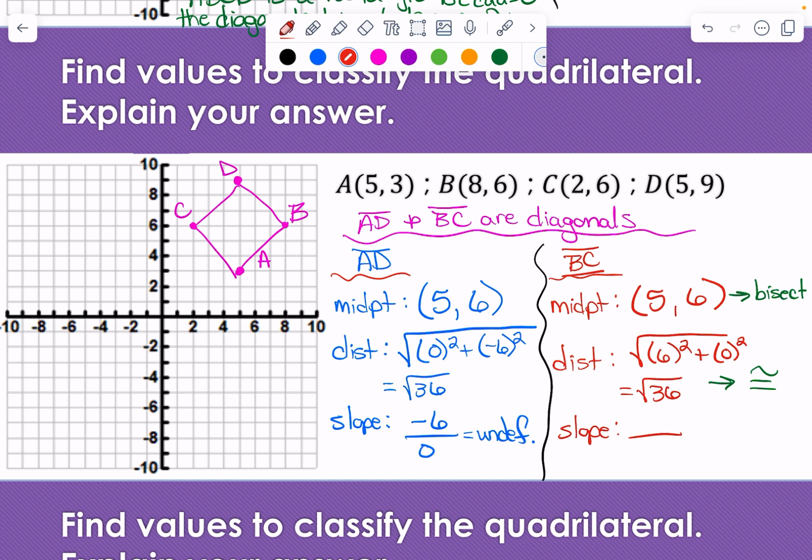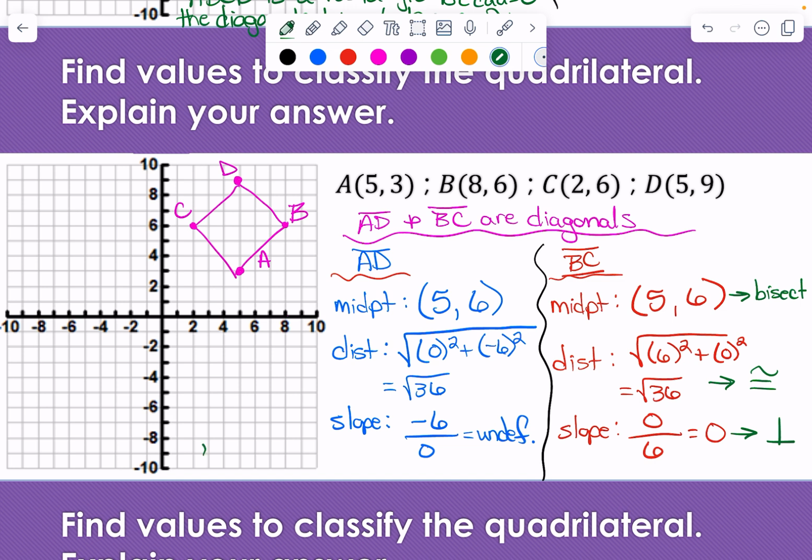So 8 minus 2 is... 6 minus 6 is 0. 8 minus 2 is 6. So that is a 0 slope, which means that they are perpendicular, because remember that an undefined slope is a vertical line, a 0 slope is a horizontal line, and a vertical line is always perpendicular to a horizontal.